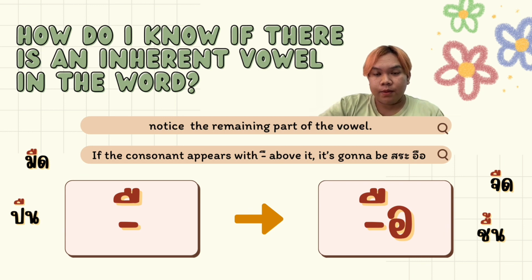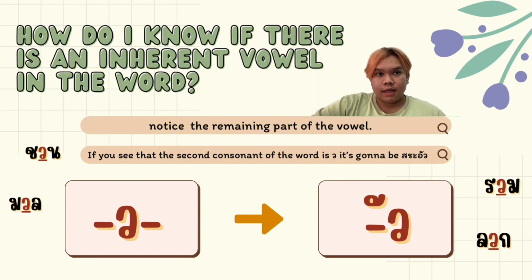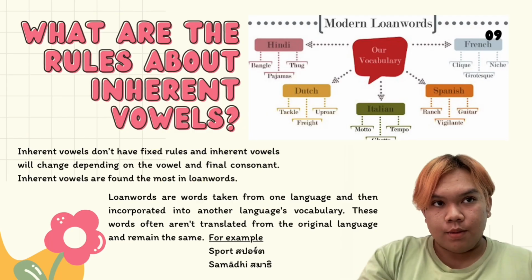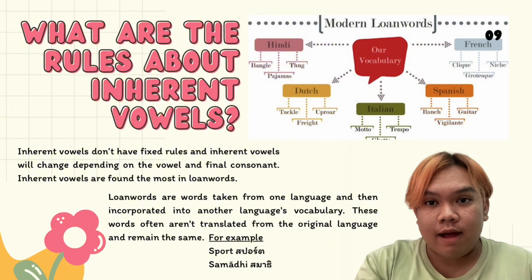For example มืด จืด ชื้น. If you see that the second consonant of the word is วอแหวน, it's going to be สระอัว. For example ชวน รวม ลวก.